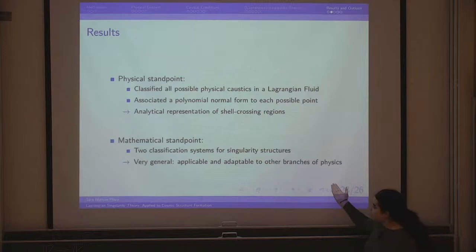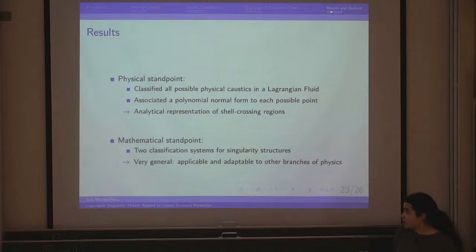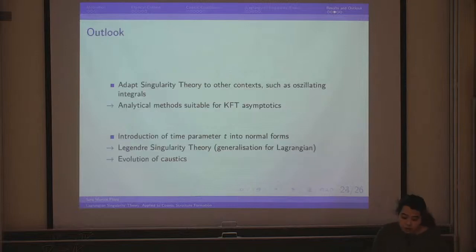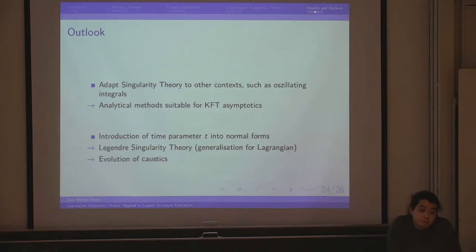What is nice about this is that the framework is really adaptable. It has been applied to a lot of fields in physics, not only cosmology. I think the field where it was used the most was optics, because you can describe caustics of wavefronts with it. And Arnold adapted it to oscillating integrals, for instance.